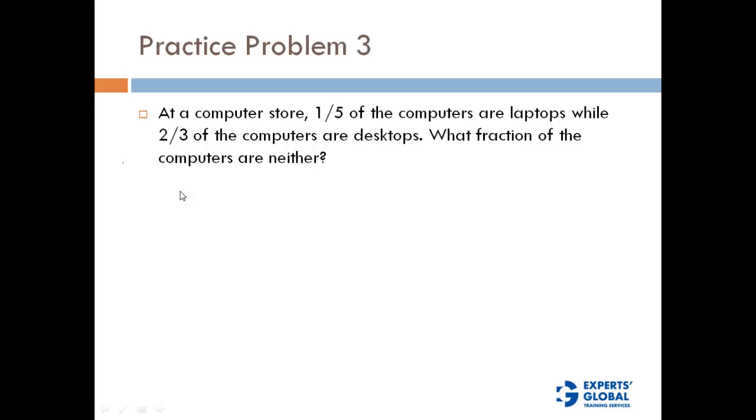We have laptops, we have desktops, and we have other types of computers. 1/5 are laptops, 2/3 are desktops, and let's say X is the fraction of computers that are other.